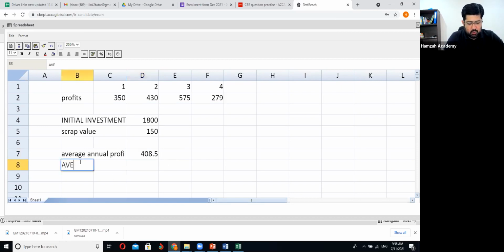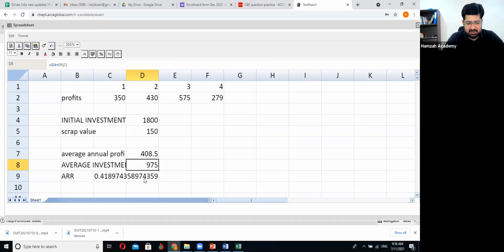Now, average investment: initial investment plus scrap value divided by 2. Here it is. So ARR, accounting rate of return: average annual profit divided by average investment multiplied by 100.